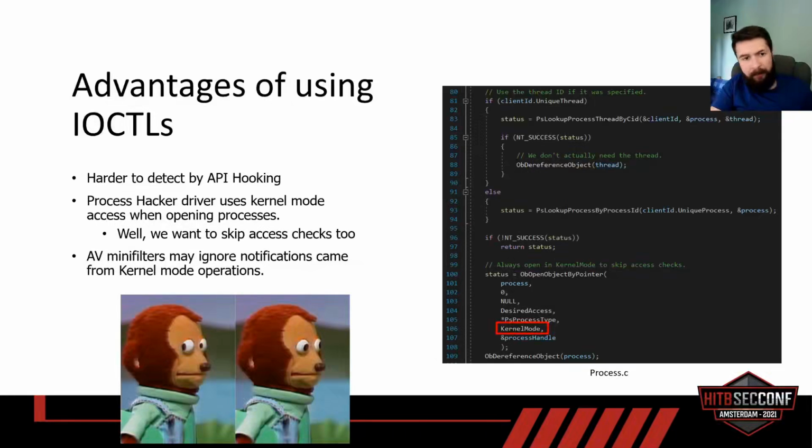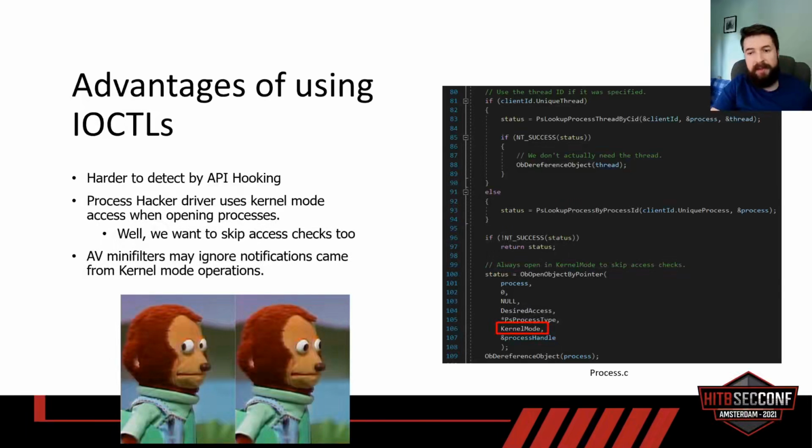What are the advantages of using IOCTLs instead of standard WinAPI calls? I think this creates an execution path which is harder to analyze just using API hooks.